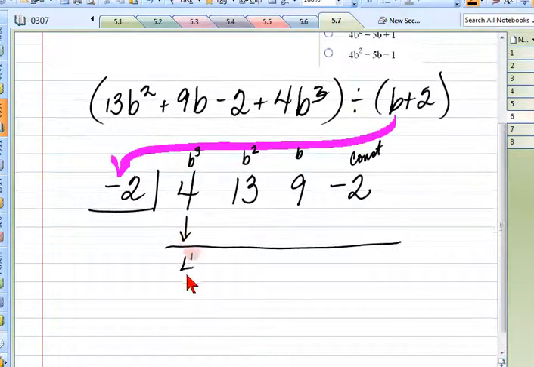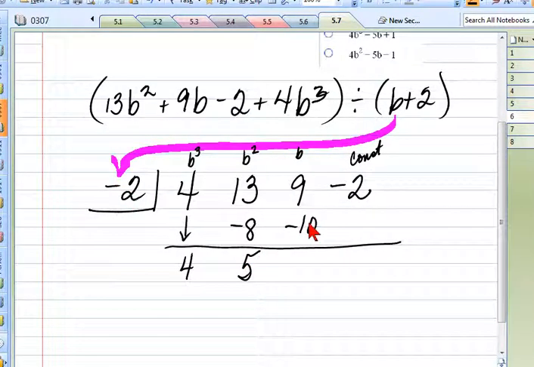Bring down the 4. 4 times negative 2 is negative 8. 13 minus 8 is 5. 5 times negative 2 is negative 10. Add for negative 1. Negative 1 times negative 2 is 2. Add for 0.